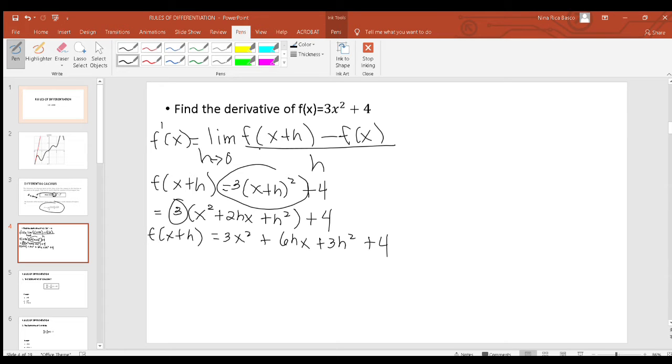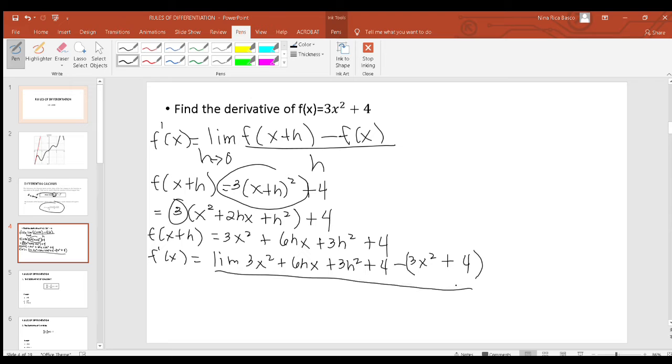So, let's complete the numerator. Bale, f prime of x equals to limit of 3x squared plus 6hx plus 3h squared plus 4 minus 3x squared plus 4. Quantity to, naka-quantity. May over the h as h approaches to 0.